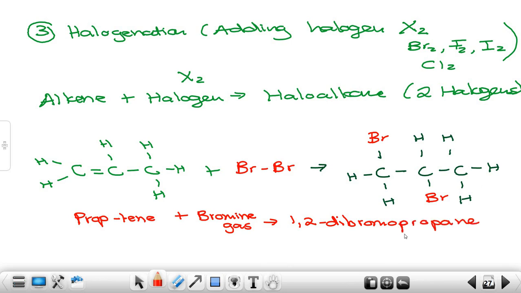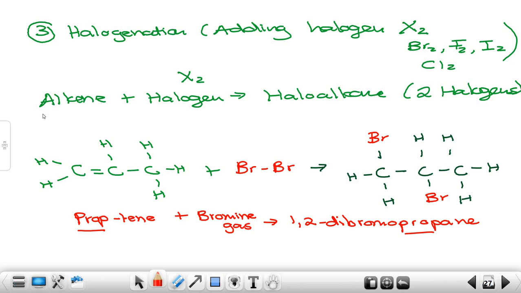The number of carbons must always stay the same, right? Because we are not adding carbons, we are adding in substituent groups like halogens, or we are adding in hydrogen. So the number of carbons always remain the same no matter which reaction we have.